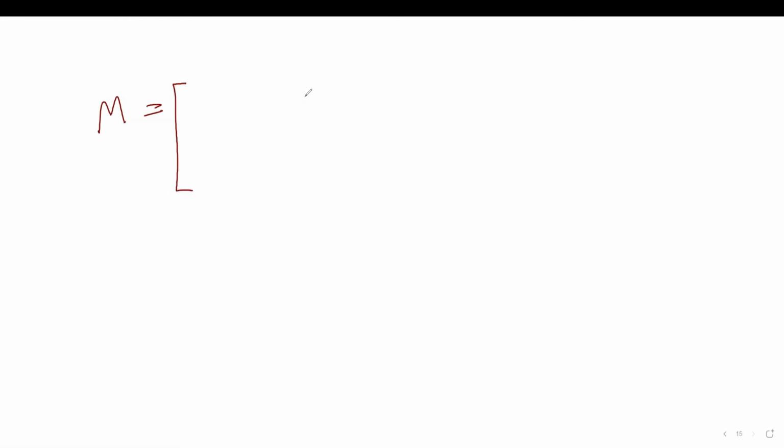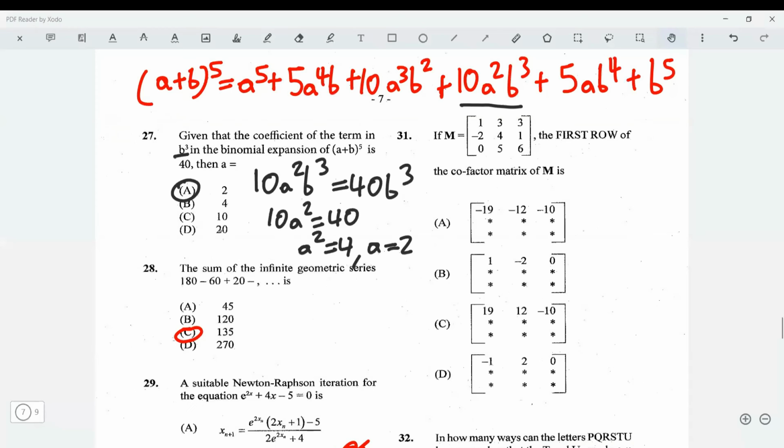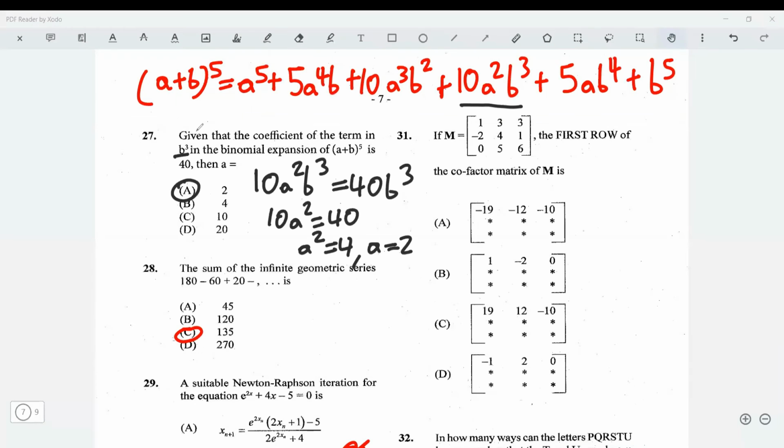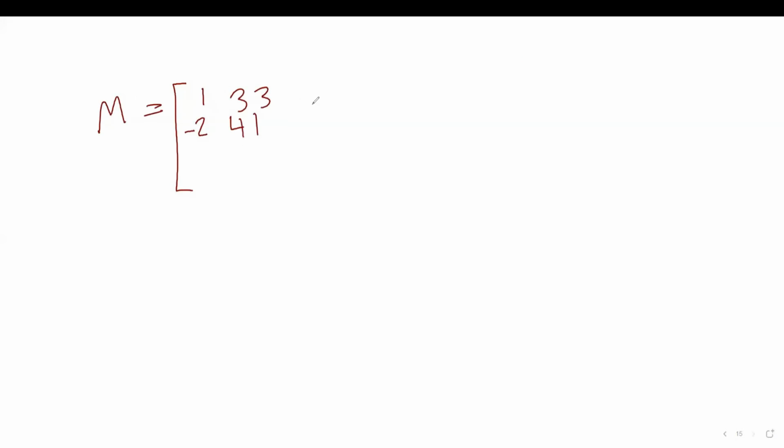M is, I'm just looking at M right here, 1 3 3, minus 2 4 1. Let me write out the 1 3 3 first. Then this is minus 2 4 1, and then that is 0, 5, 6.